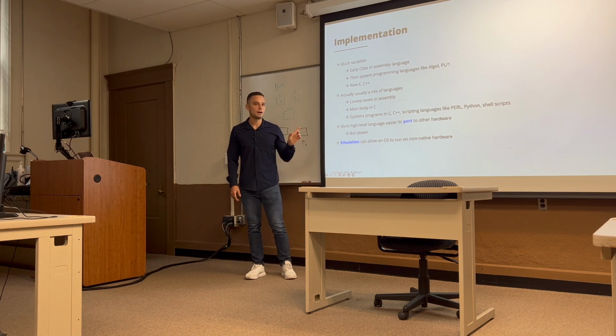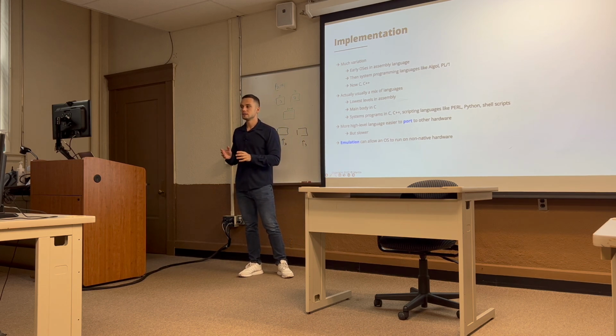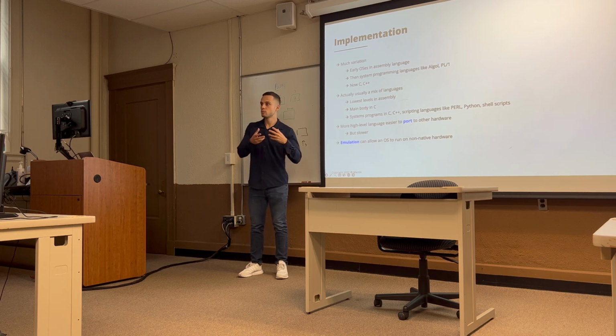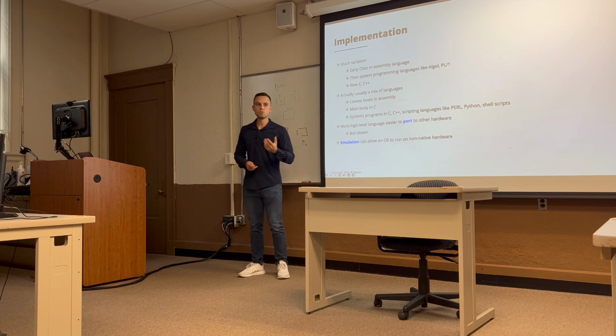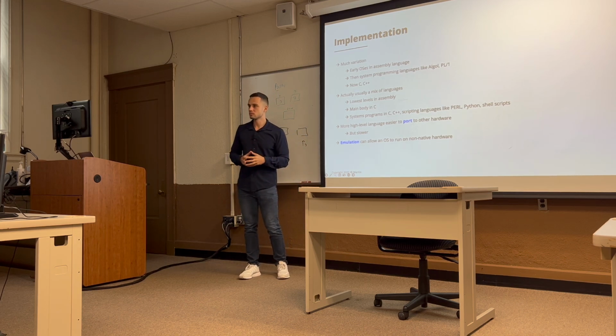Now, an important point here is that even if I write everything in C or C++, this still doesn't mean I will be able to use this operating system on every chip. Still, for every chip, we need to make modifications to our operating system code.